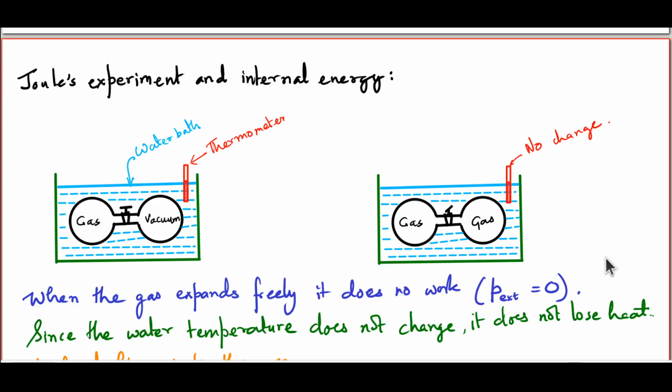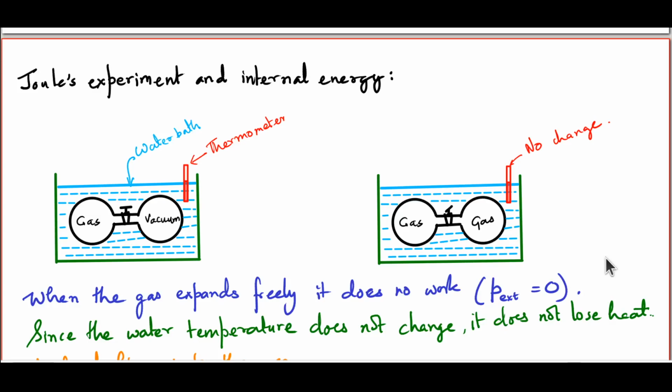So here P equal to P external does not hold, and as a result, the work done has to be calculated using the external pressure. And the external pressure being 0, here you do not have any work. Now, the next part uses the heat loss equal to heat gained idea.